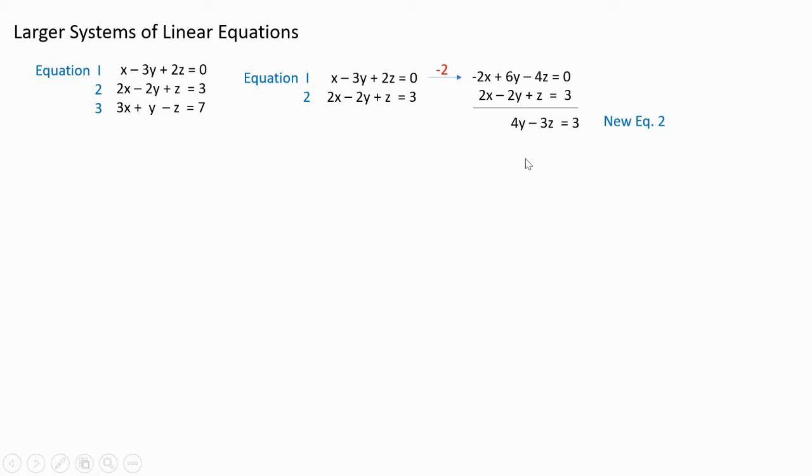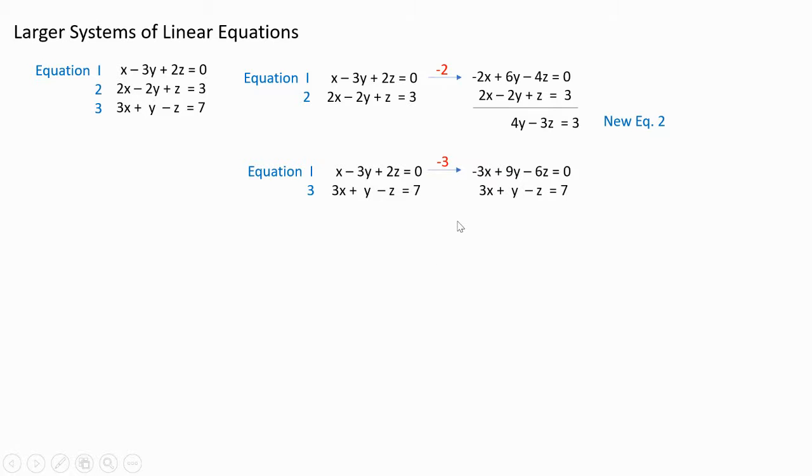Okay? Now I repeat the process with 1 and 3. To eliminate the 3x, I need to multiply equation 1 by negative 3. After I multiply negative 3 times every term on equation 1, this is my result: negative 3x plus 9y minus 6z equals 0.